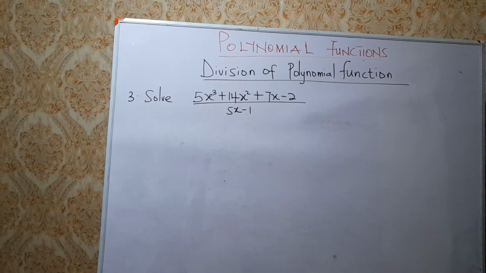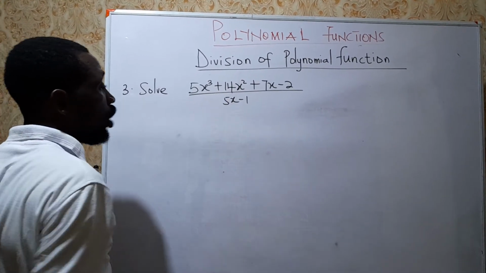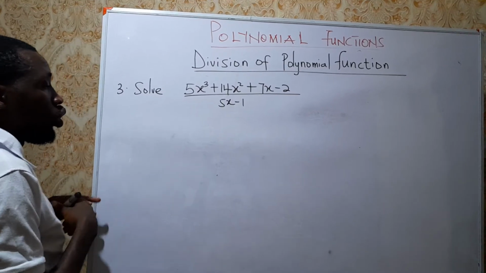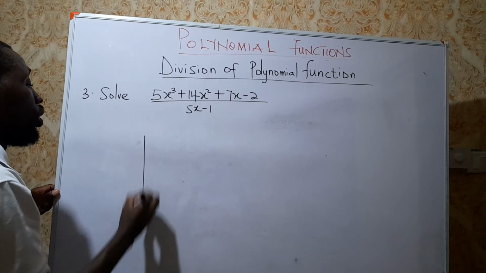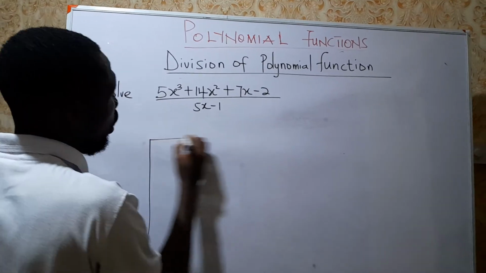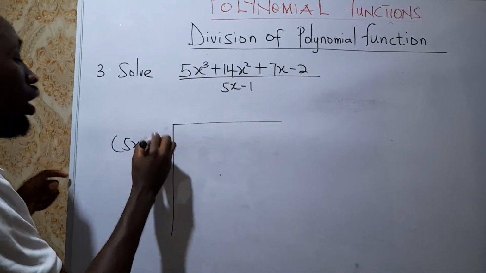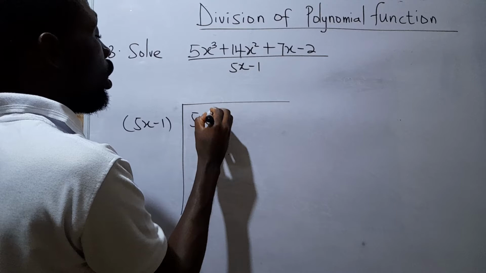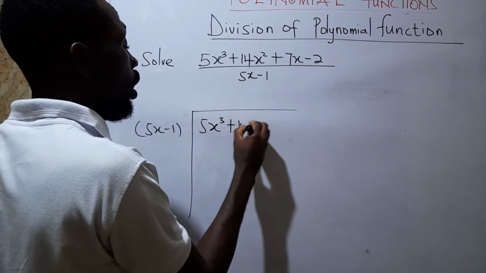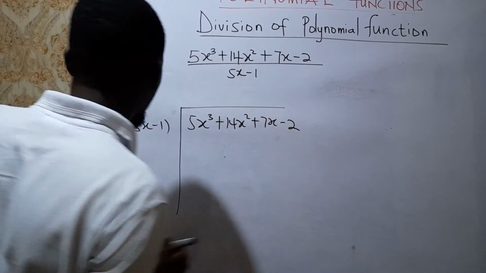So let's solve our next question. That says that we should solve 5x cubed plus 14x squared plus 7x minus 2 divided by 5x minus 1. So still, we are going to use the long division. The divisor outside, then the dividend inside. 5x cubed plus 14x squared plus 7x minus 2.